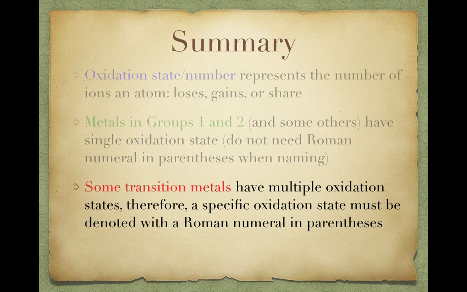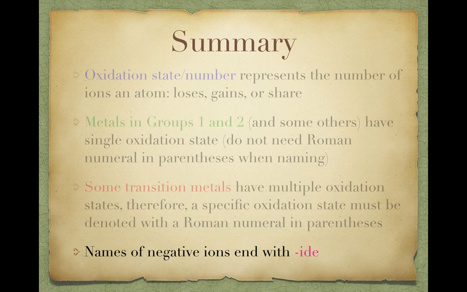Some transition metals, not all of them, just some, have multiple oxidation states, like the examples I gave you in other videos. Iron, for example, has a few oxidation states, +2, +3, +4. And so when you name these transition metal ions, you have to specify which oxidation state the ion is, because it could be +1 or +2 or +5.